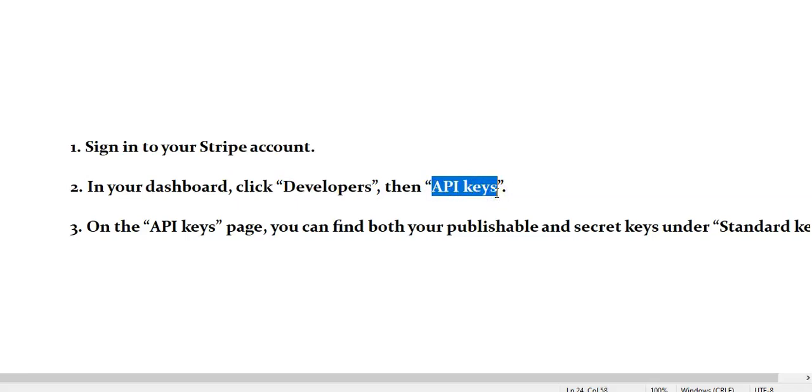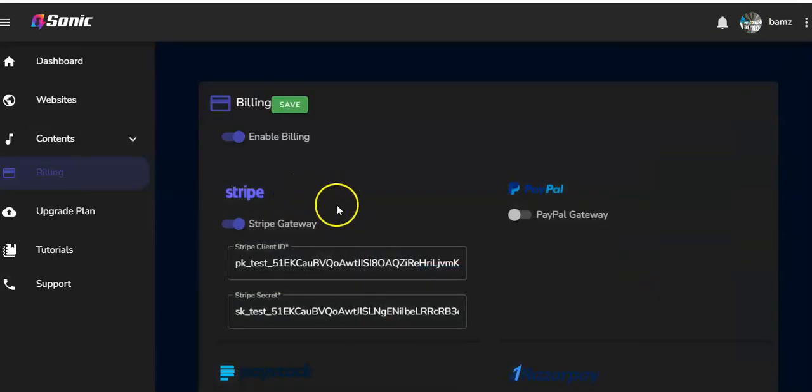And right there you'll be able to have access to your publishable and secret keys, which you're going to attach to your Sonic account under billing right here. You have to paste your Stripe client ID right here, which is your publishable key, and then your secret key right here. You paste it here. It's very simple and direct.